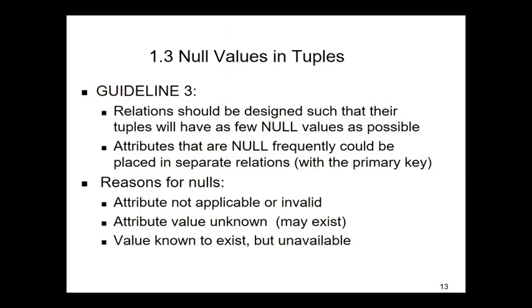Okay. Guideline 3: relations should be designed such that their rows will have as few null values as possible. Attributes that are null frequently could be placed in separate relations. Again, this is in general true, but not always.